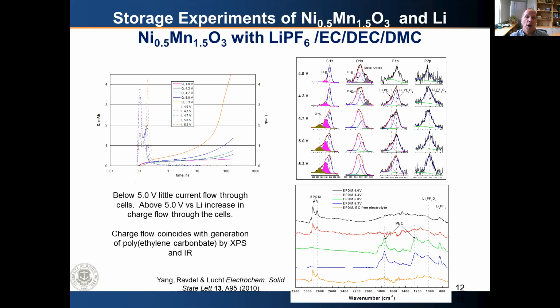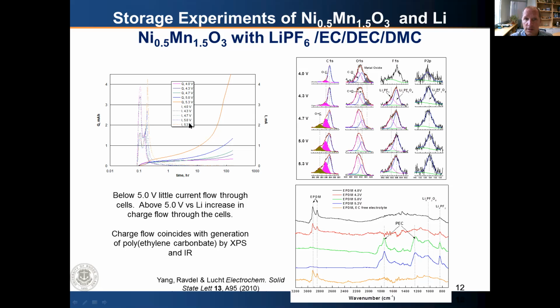So our initial experiments in this area looked at the overall residual current flow within cells which contained delithiated lithium nickel manganese oxide, or just nickel manganese oxide. In this case, if we store these cells at very low potentials for a very long period of time, what you see is there's basically virtually no residual current flow in the cells.